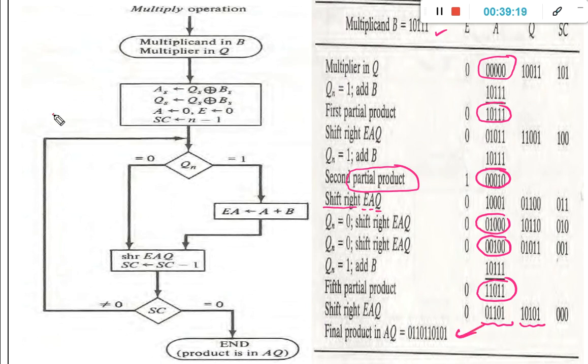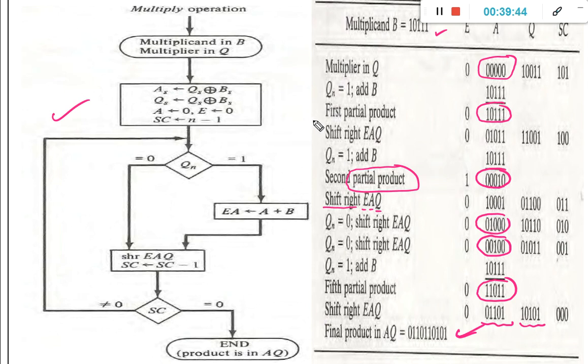Okay, so this is the flow chart for multiplying two numbers of signed magnitude representation. Because we are using the signed magnitude representation, we are storing the signs of the registers in separate flip-flops. Those are QS, BS and AS.